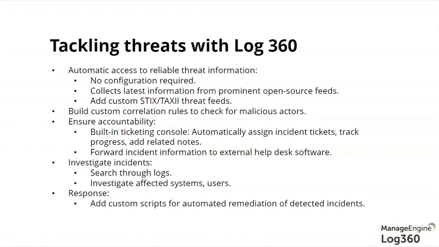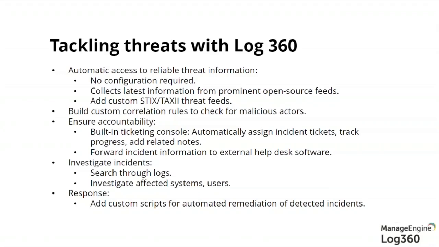And it doesn't just stop here. You can also integrate threat intelligence with the correlation module of Log360. So, correlation, for those of you who don't know, is another really cool security technique which compares logs across your network and detects attack patterns before it alerts you.